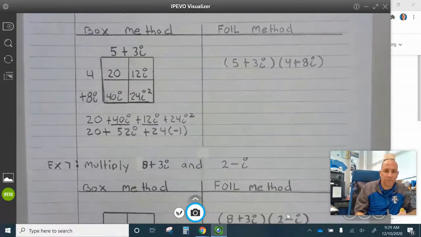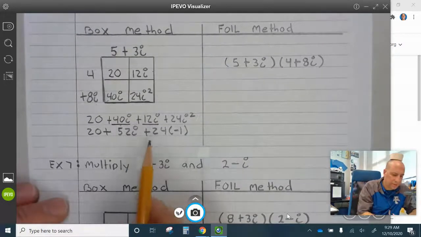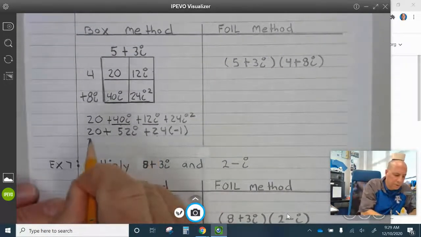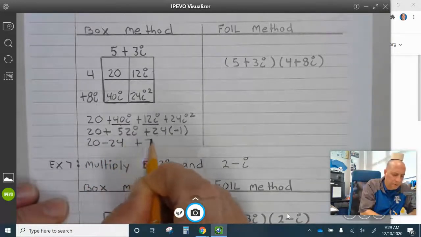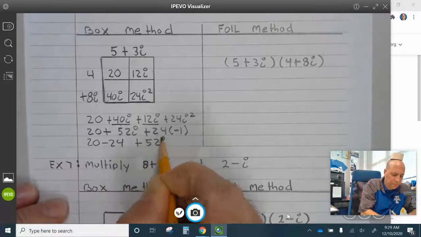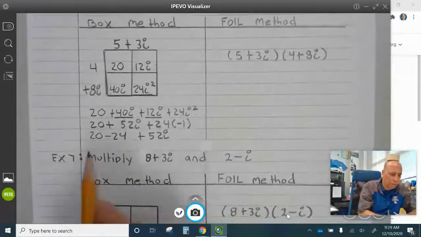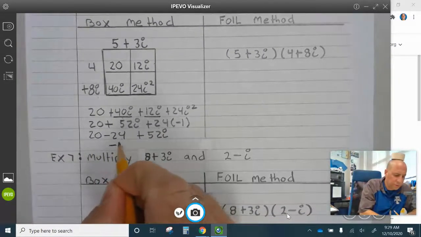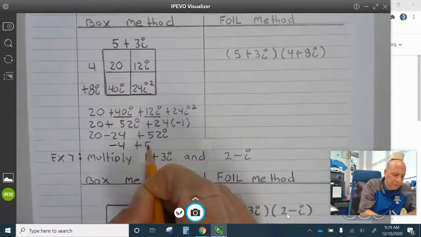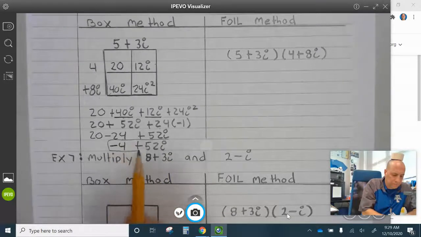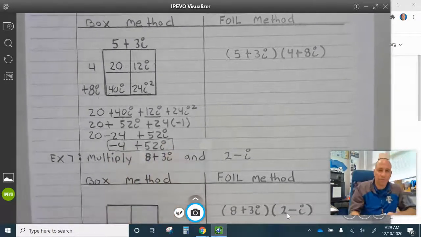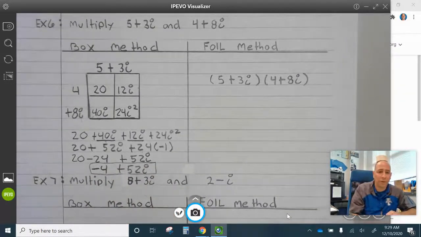Okay, so then that's a negative 24. So now we have 20 minus 24 plus 52i. Okay, well, 20 minus 24 is negative 4, so it's negative 4 plus 52i. Okay, now that's using the box method.